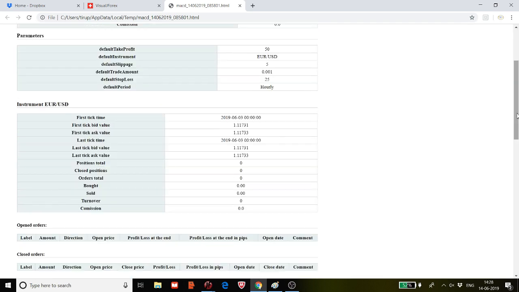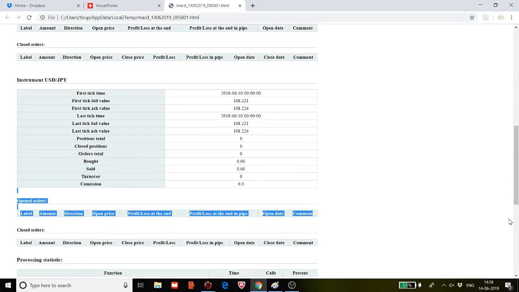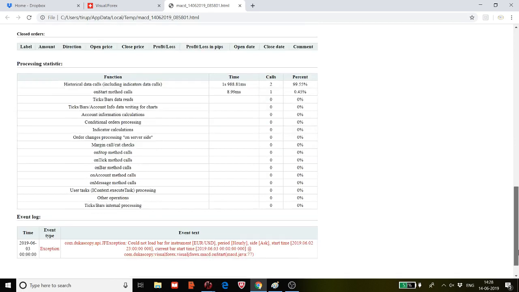There is some problem. What happened? Let us check the error message. Could not load bar for instrument. Yes. Let me try it again.